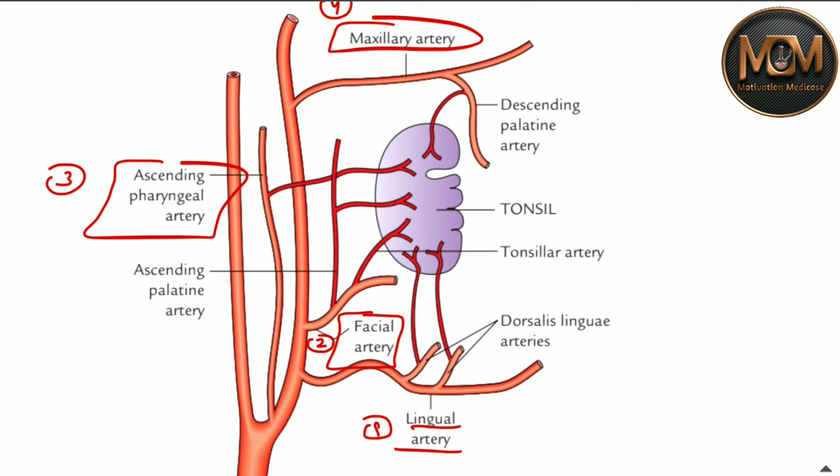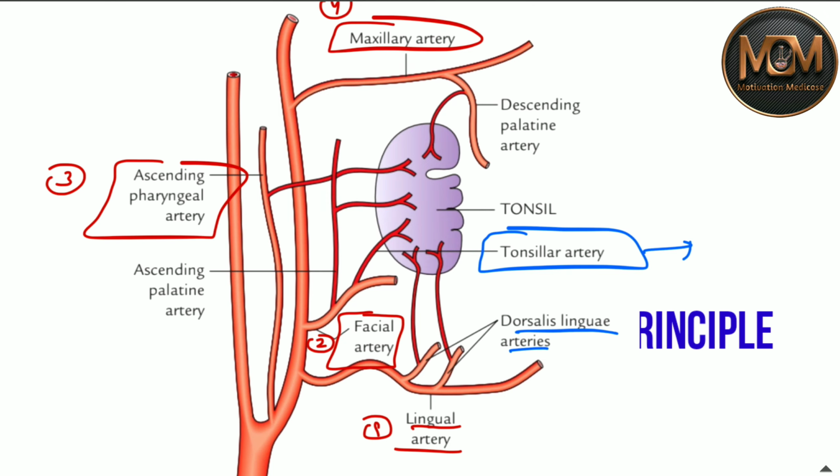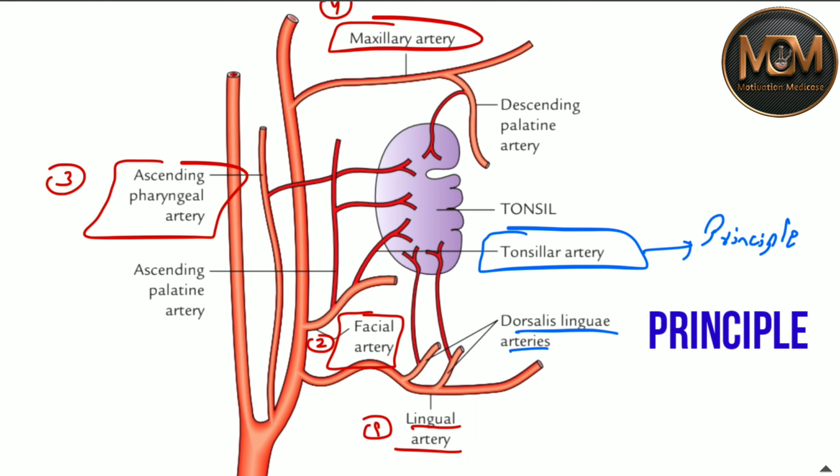The lingual artery gives the dorsal lingual artery branch, which supplies the tonsil, and from the facial artery it is the tonsillar branch. This is the principal artery you need to remember. If you forget any other artery, it will be compensated, but you have to remember this artery definitely: the principal artery of the tonsil is the tonsillar branch of the facial artery.